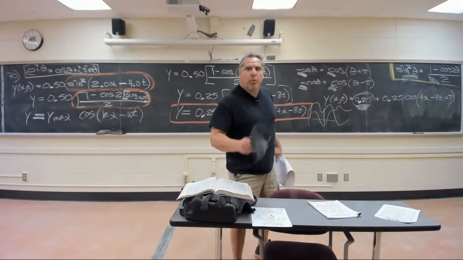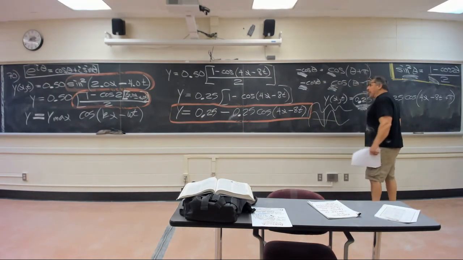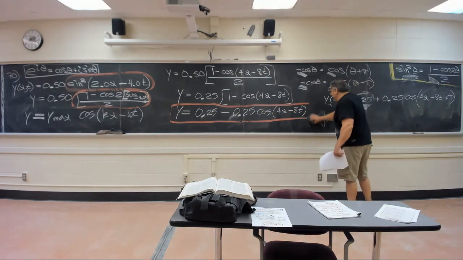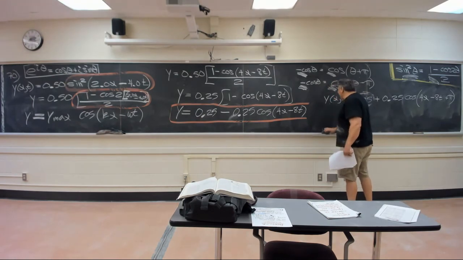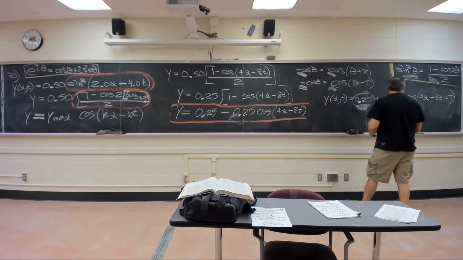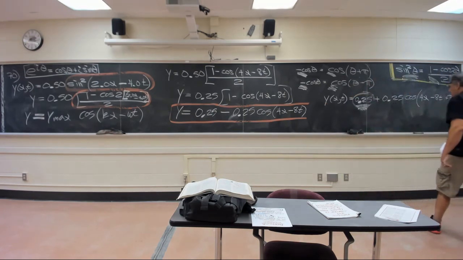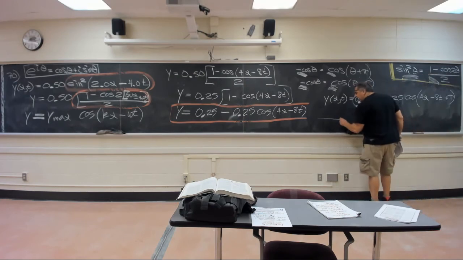The 0.25 does matter as far as location's concerned, but it doesn't matter regarding the oscillations. That's big. So like I said, guys, and this is not an exact drawing at all by any stretch, you could have something like this, and then you got something like this.